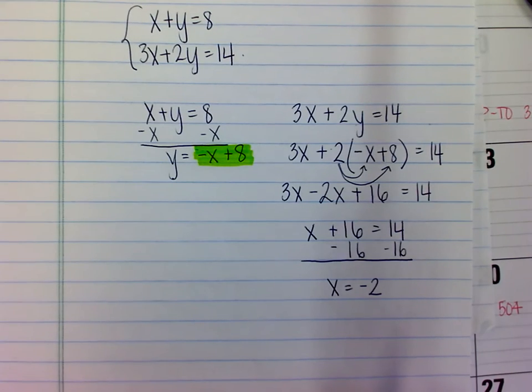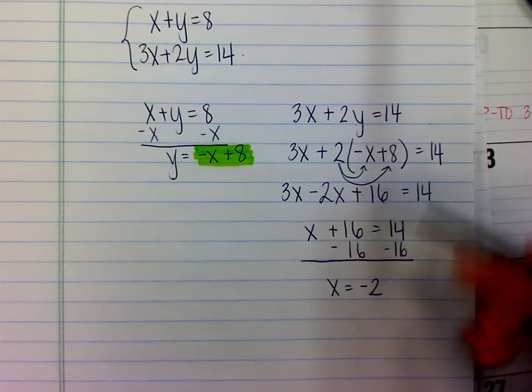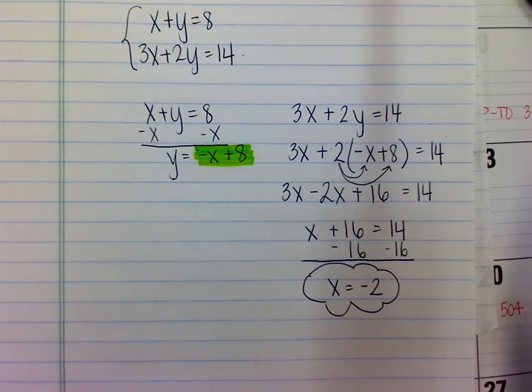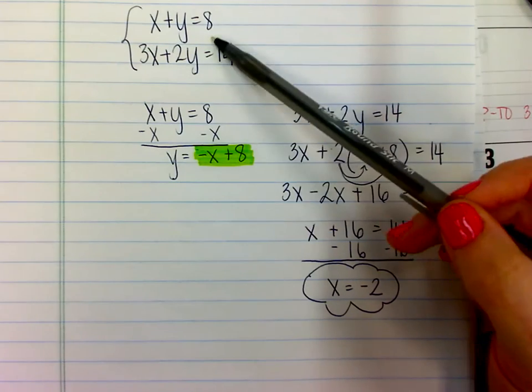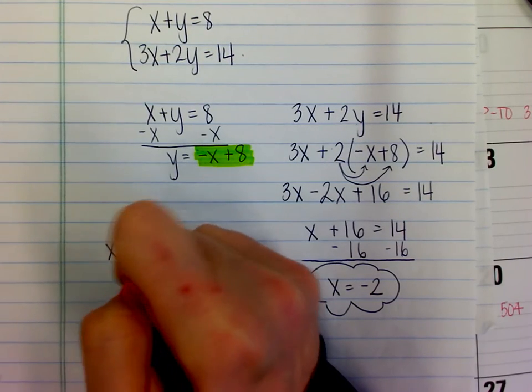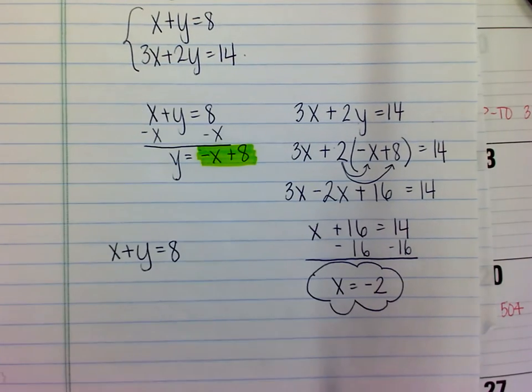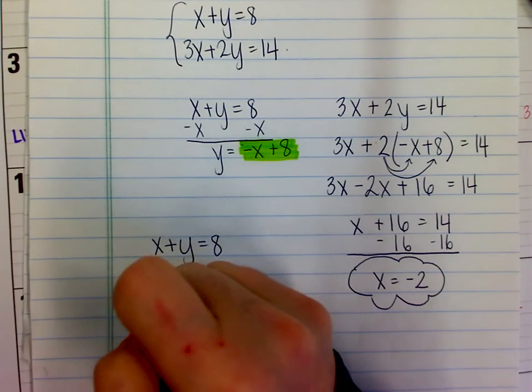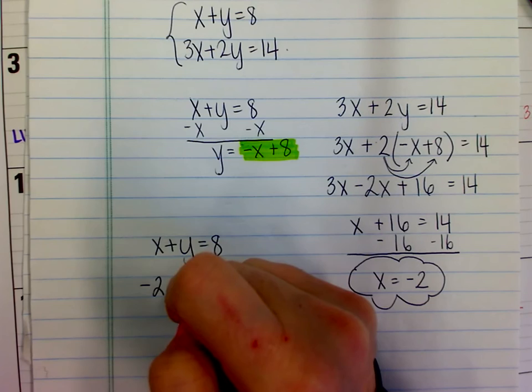Now, I can plug in this negative 2, which is 1/2 of my solution, into either of these two equations that we started with. I like to use the easiest one, the one with the least amount of work, and so I'm going to use x plus y equals 8. We know x is going to be negative 2.